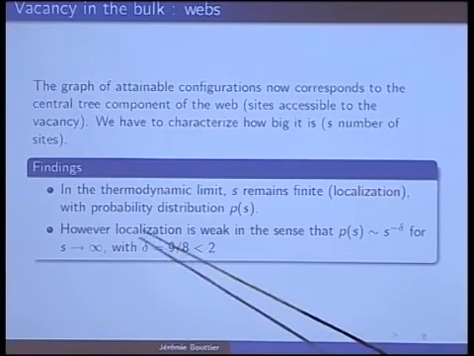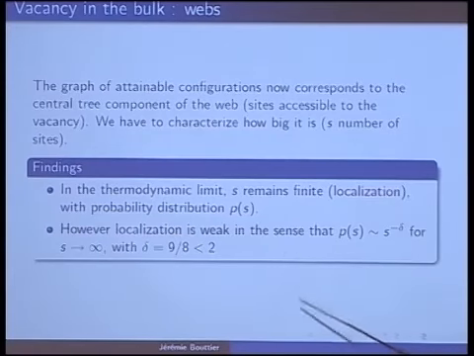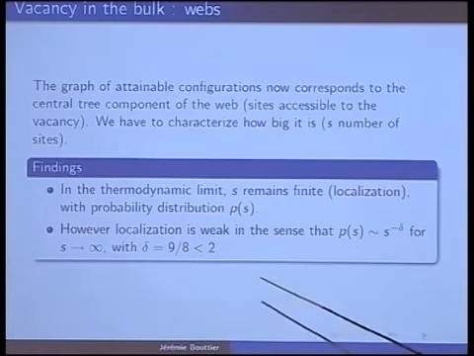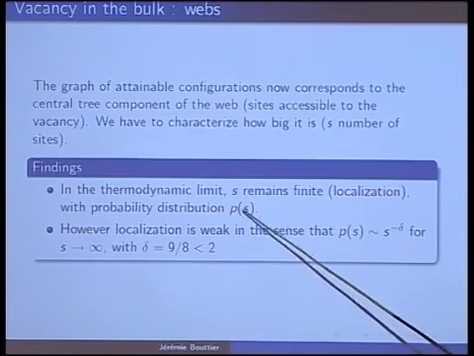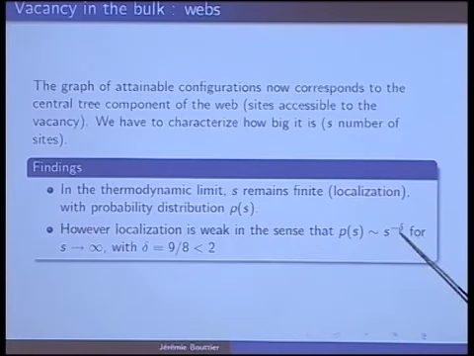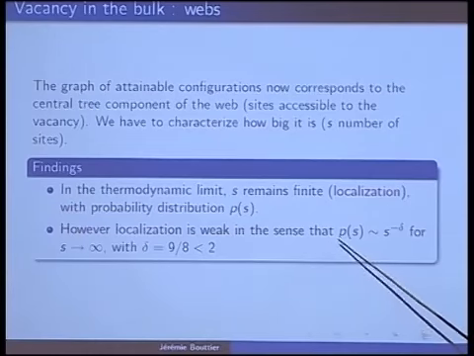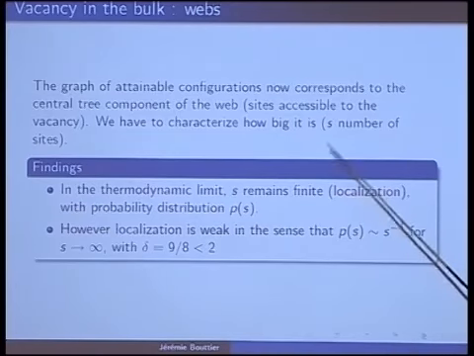And there is a limiting probability distribution for S, which is normalized. But it's weak in the sense that S is still a random variable, and it has a power law tail. We find a critical exponent associated to it, which means that it has an infinite expectation value. So on average, the number of sites is infinite, even though it's finite.